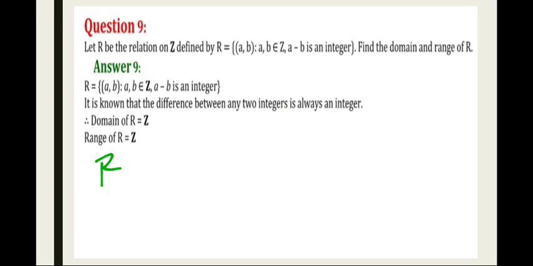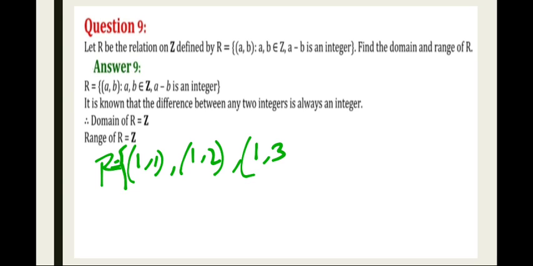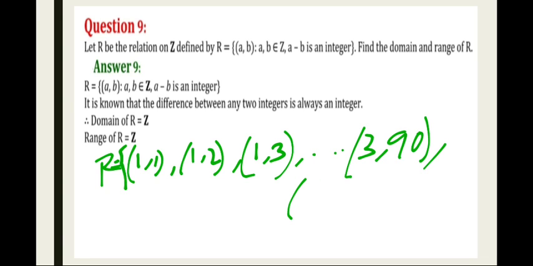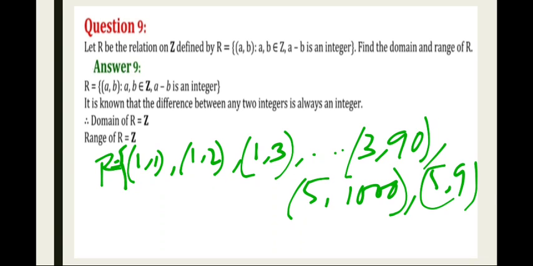So, in the ordered pair, you can write any two integers such as 1, 1, 1, 2, 1, 3, or 5, 9, or 900, and so on.